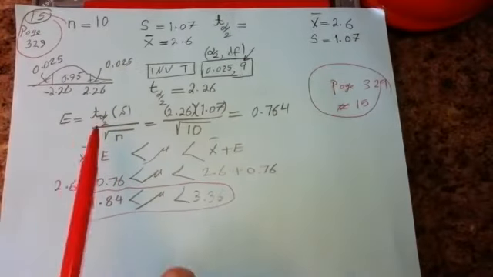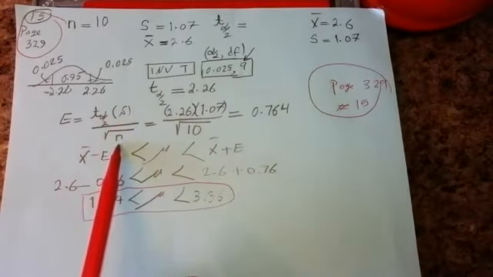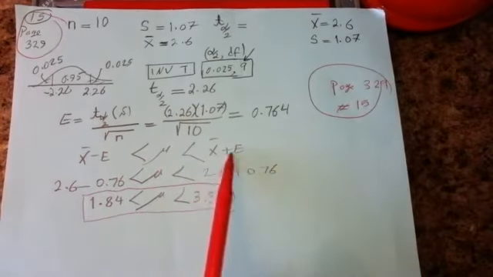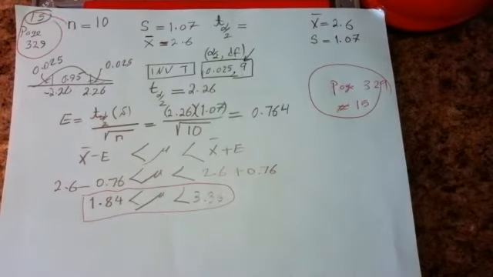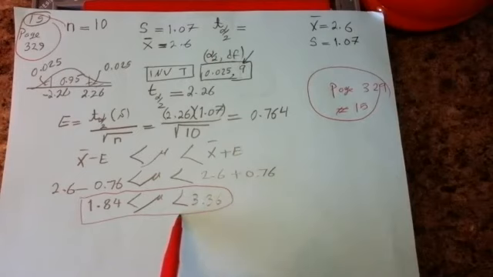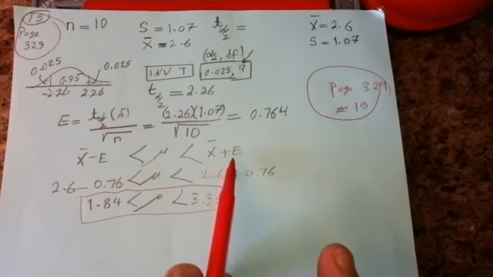Margin of error is T times S divided by radical N. You have the sample mean plus or minus E. So that's how to calculate the range for the mean of populations, when you have a sample mean and you have the margin of error. All right, that's the end of section 7.2.